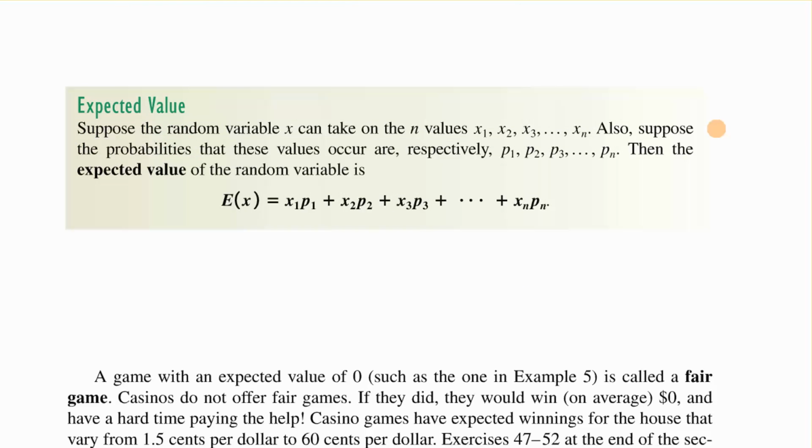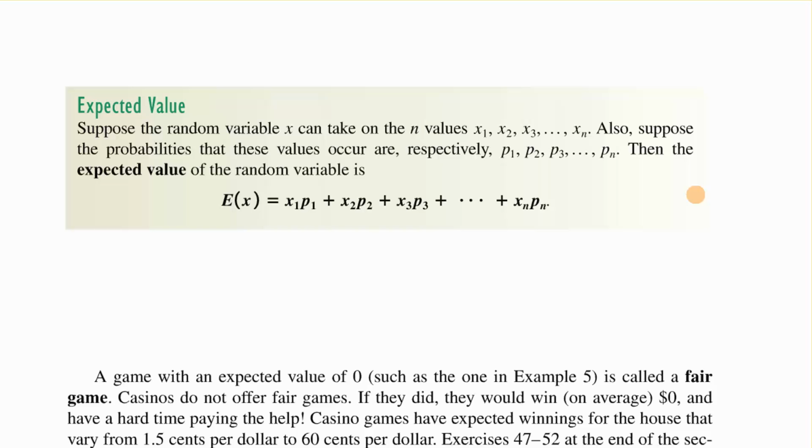The expected value: suppose the variable x can take on n values, x1, x2, x3, etc., and suppose the probabilities that occur are p1, p2, p3, etc., all the way to p sub n. Then the expected value is you multiply the random variable times the probability for each of them, and then you add those together.